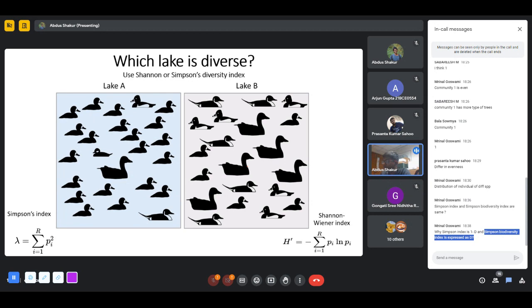The lower the value, the greater the diversity, and the higher the value, the less diverse that area is. To prevent that confusion, you tend to subtract the d value from 1, so that the higher the value of 1 minus d, the higher the diversity, and the lower the value, the lower the diversity.